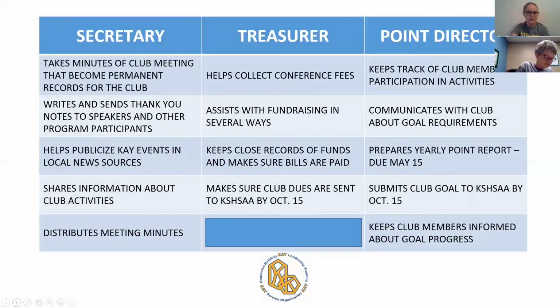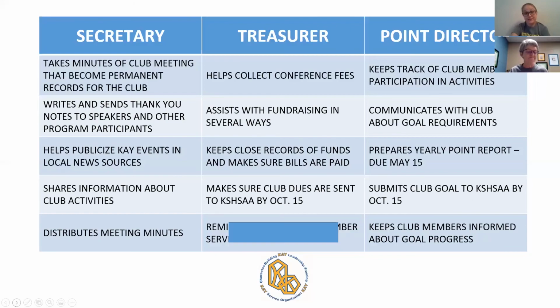And finally, it reminds the club to remember service is the focus. I don't know if you can get this one. It is the treasurer. So KAY is first and foremost a service organization. We can provide services through raising money, but there is so much you can do without raising money.